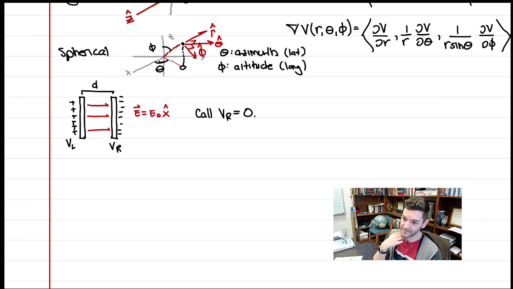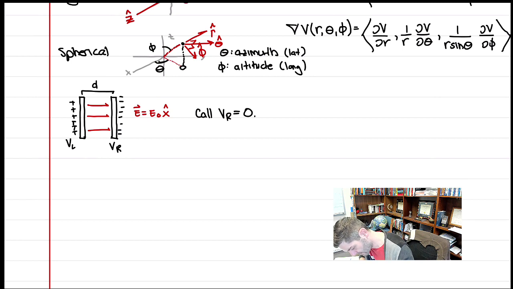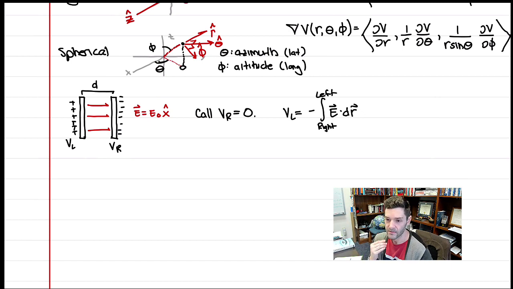So I could call V sub R 10, but I'd still get the same delta V regardless of what I call V sub R. So then V sub L is, by definition, negative the integral of the electric field dotted with some path where I start at the right plate and end at the left plate. I can take any path that starts at the right plate and ends up at the left plate. I can remember that because it's path independent. I guess that was 2 lectures ago.